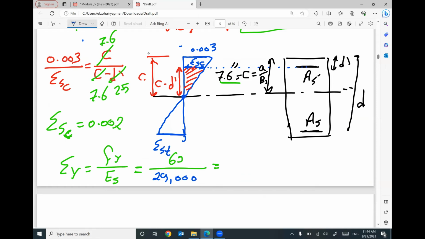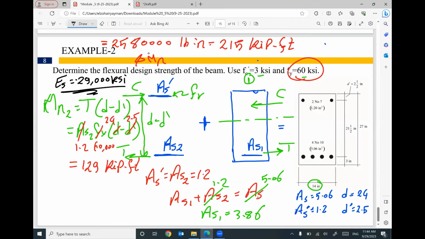If you divide 60 by 29,000, unfortunately, wait a moment. Not 29, I'm sorry.